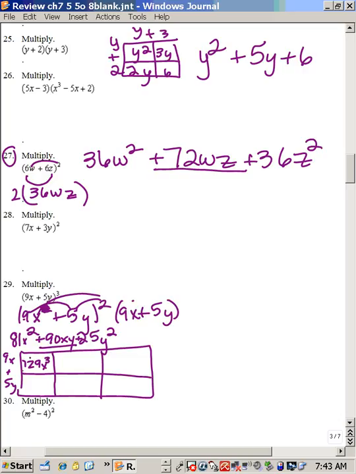90xy times 9 is 810x squared y. 25 times 9 is 225xy squared. 5y times 81x squared is 405x squared y. 5y times 90 is 450xy squared, and 25 times 5y is 125y to the third.